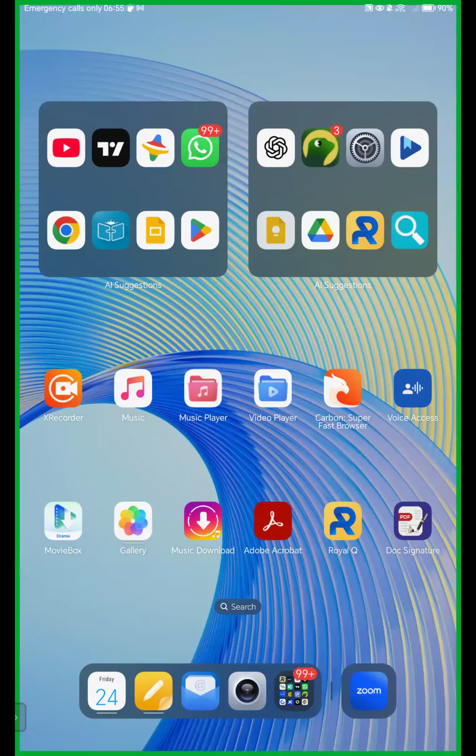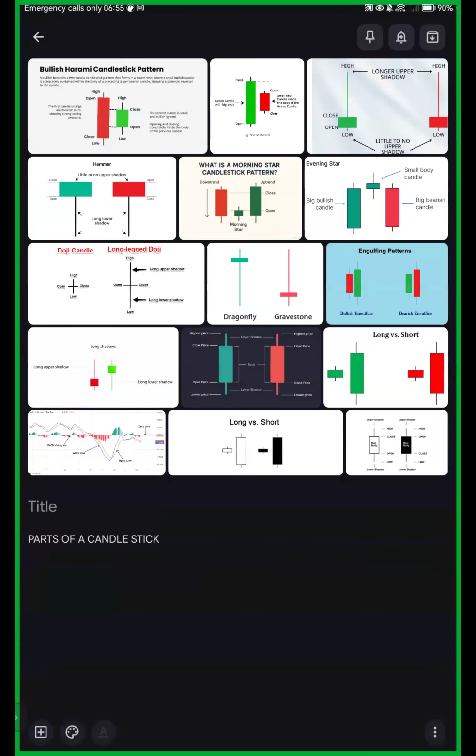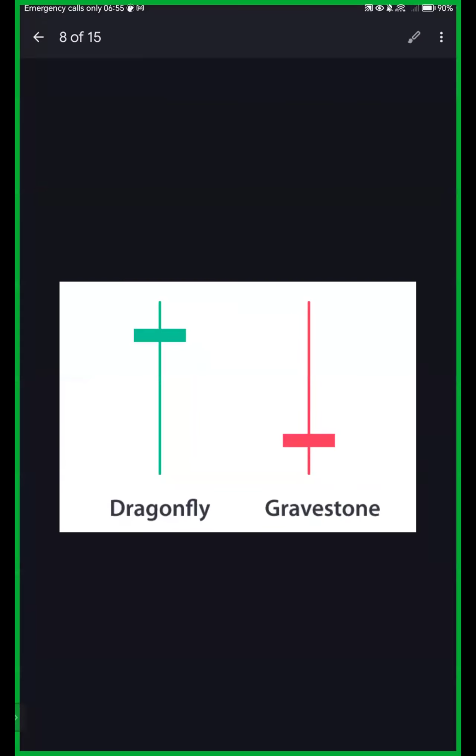A Dragonfly Doji is a market reversal signal to the upside, while a Gravestone Doji is a market reversal signal to the downside.